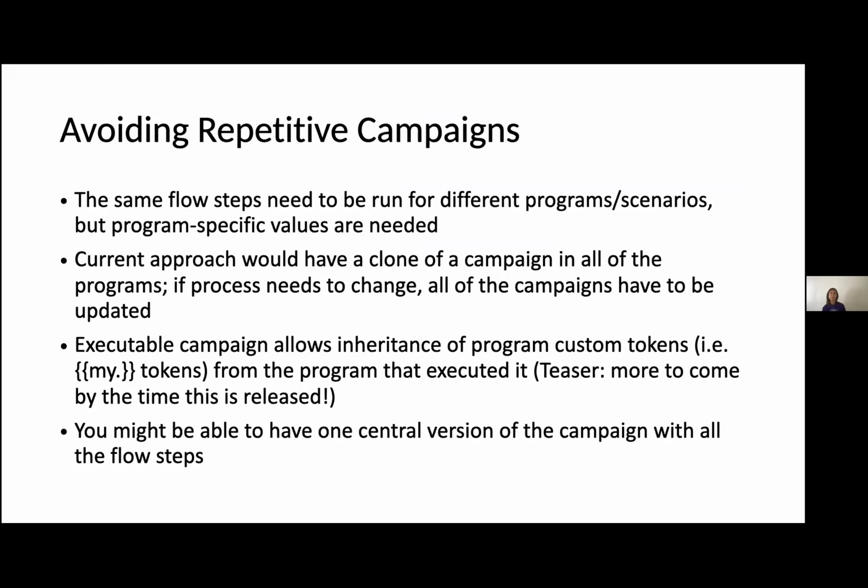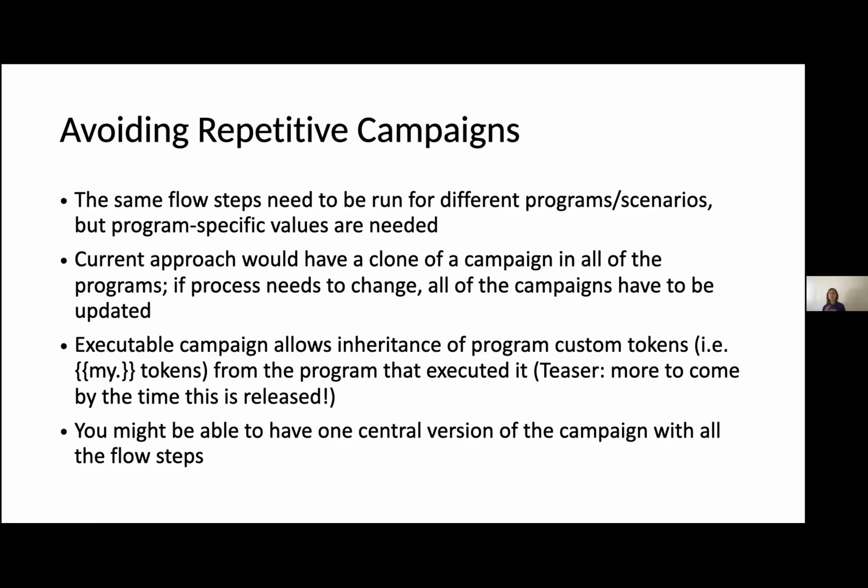Another really great use case for executable campaign is avoiding having repetitive campaigns across a number of different programs. If you have the same flow steps that you would run across any number of different programs or scenarios, but you need program-specific values for them, that's why you have them across every program right now.